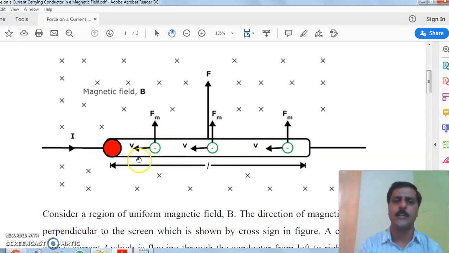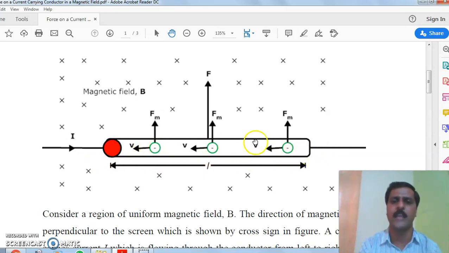Now come to the diagram again. This is the conductor. The current is flowing from left to right of the conductor, and when current is flowing from left to right, the electrons which get drifted by the magnetic field experience a force perpendicular to the magnetic field and perpendicular to the velocity, and they drift from right to left.